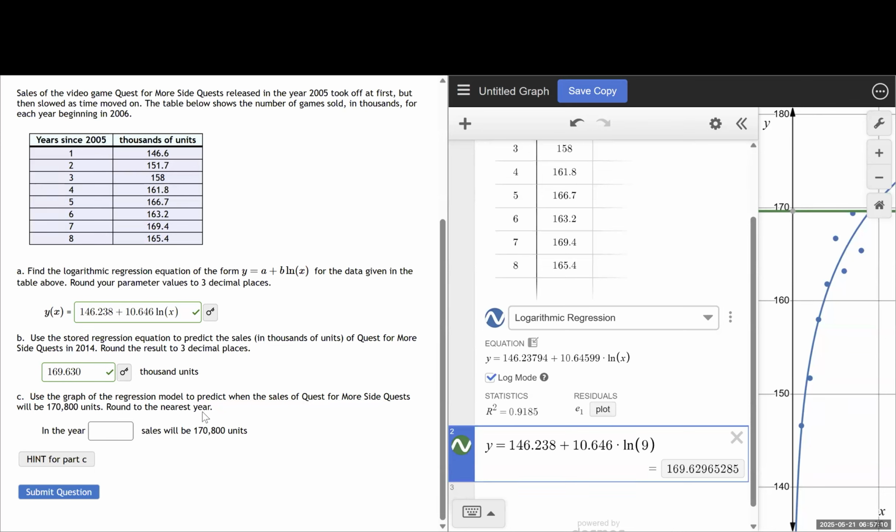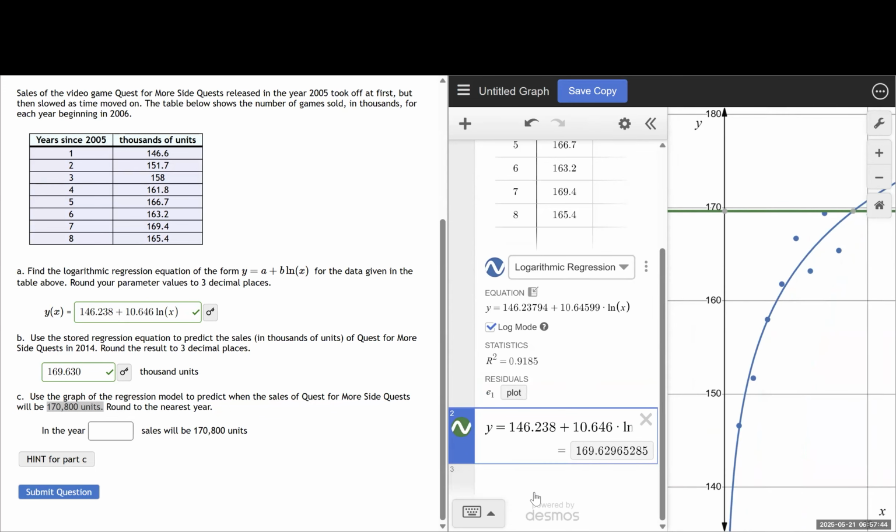So here we're looking for the year at which the output, the y value, is going to be 170.8. Again, remember the y value here is in thousands of units, but here we're given units. First of all, I want to convert that value to thousands of units. That's an output value of the regression equation.